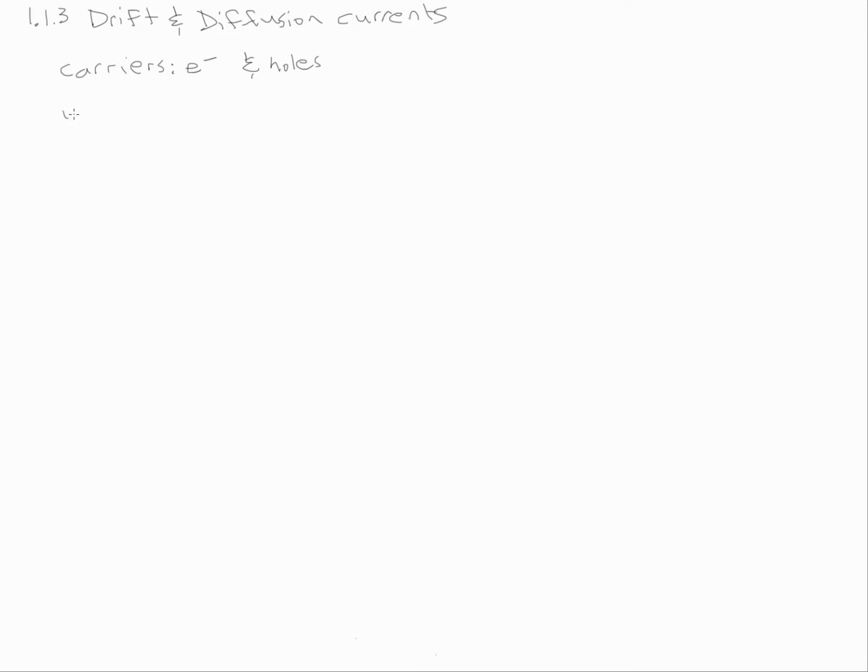And when the carriers move, these carriers generate current. So when the charged particles, such as a hole or an electron, move, then you get a current.